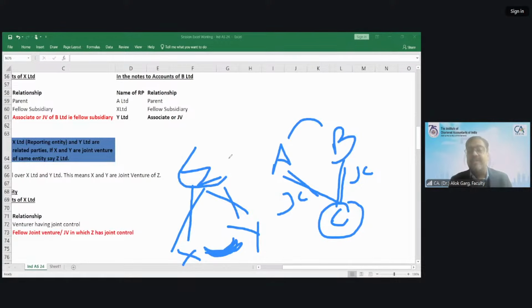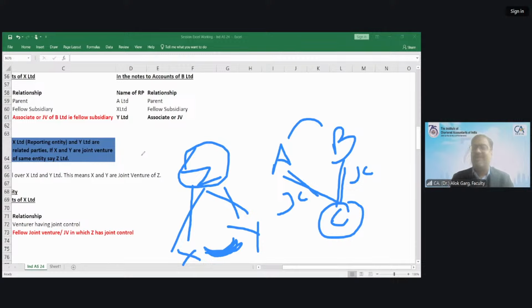One entity has invested in both, so they are the JV of this entity. They are the joint venture of the same third party. But the joint venturers are not related parties. Only the joint ventures are related parties.